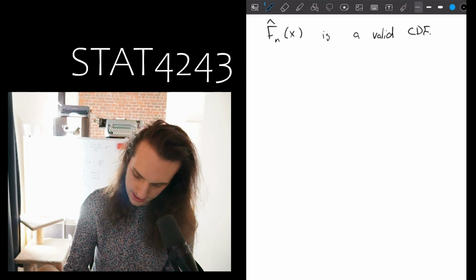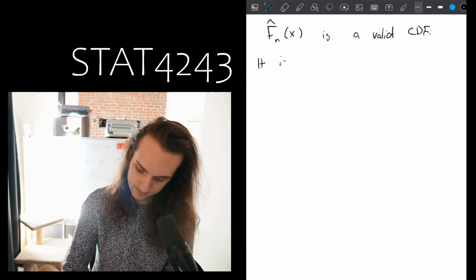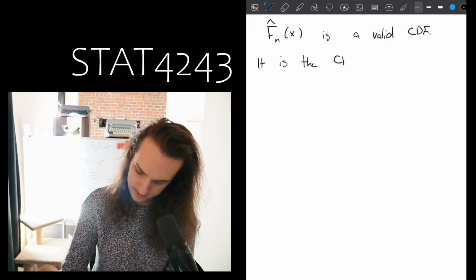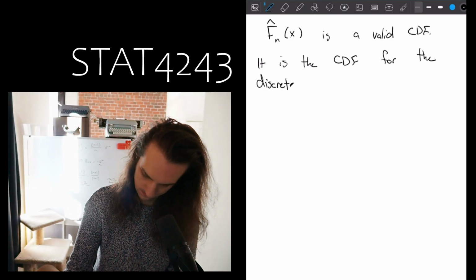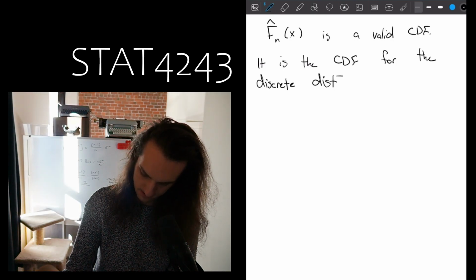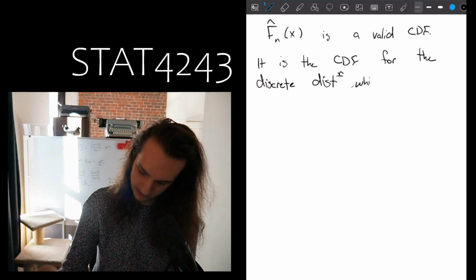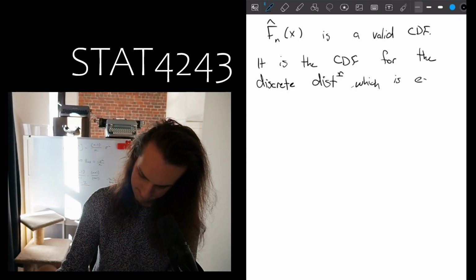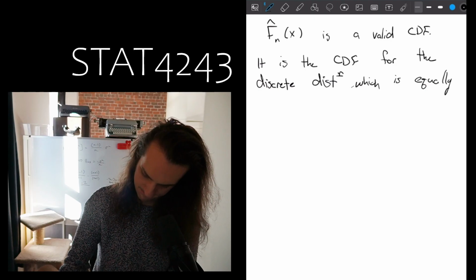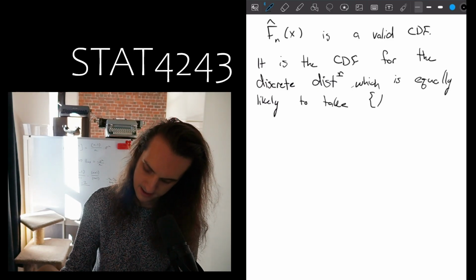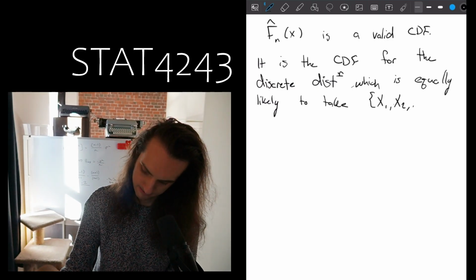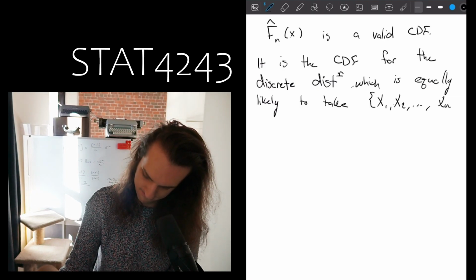Well, it's going to be the CDF for the discrete distribution which is equally likely to take x1, x2, up to xn.